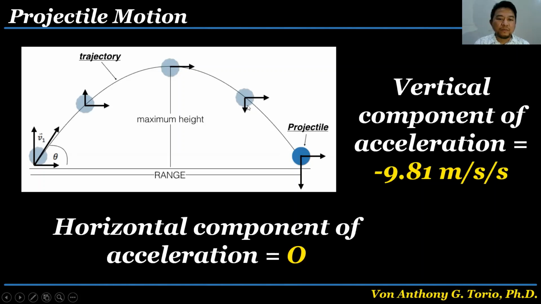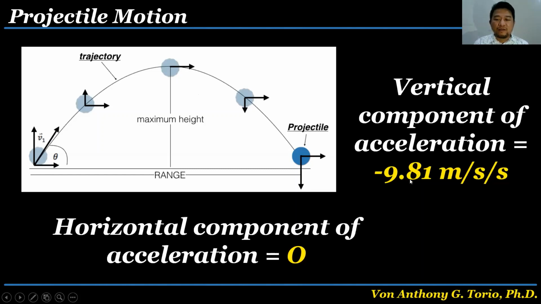This means that the projectile is accelerating downward, and that downward acceleration results in a negative sign. The value of the acceleration due to gravity on Earth is 9.81 meters per second squared. And once again, that's downward.